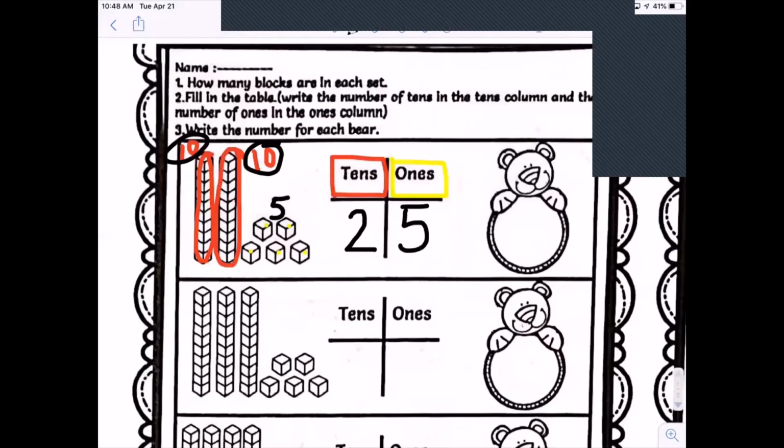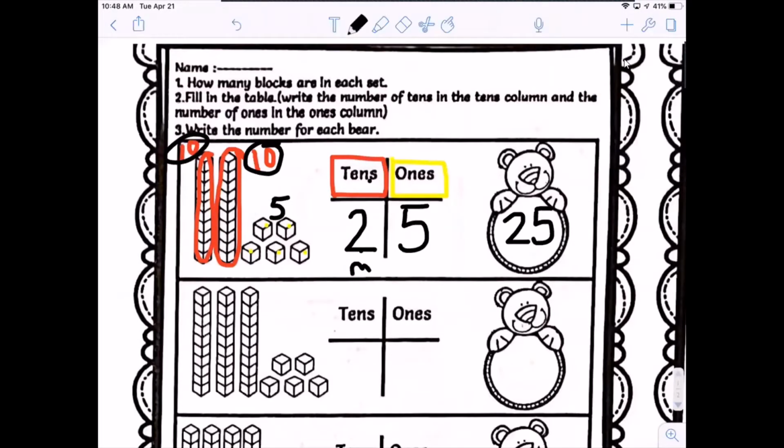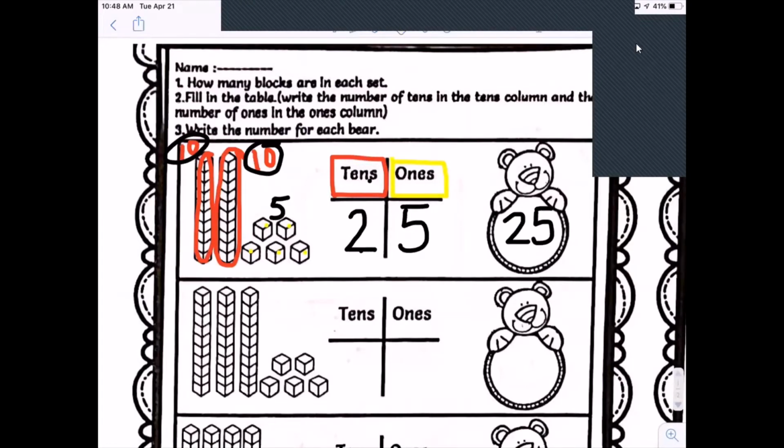So then what is my number to write inside the teddy bear? 25. Okay. 10 right here, and then my 5 ones right there. Okay. And all together I have 25.